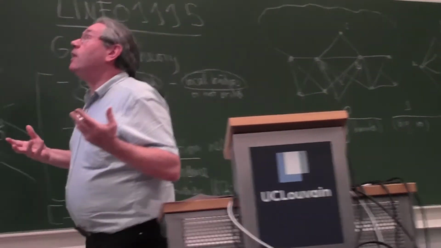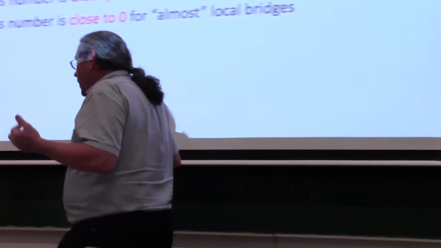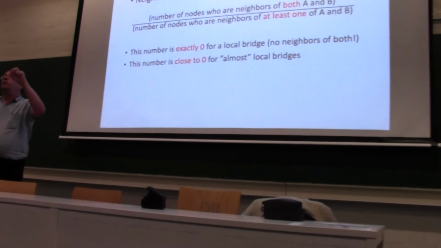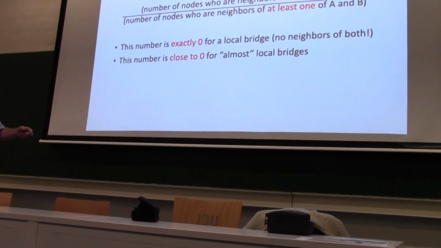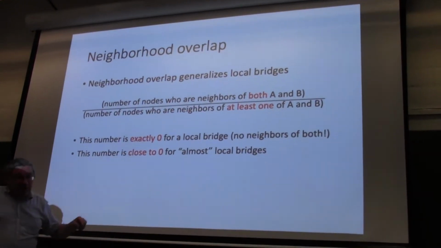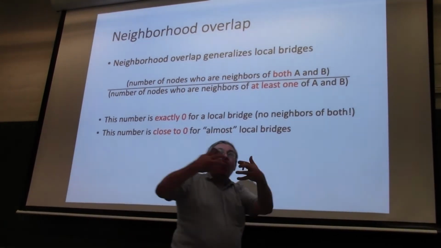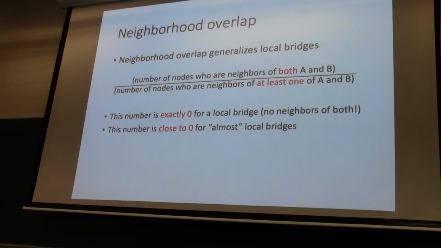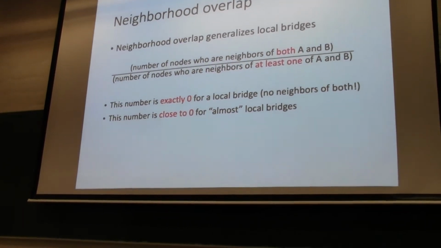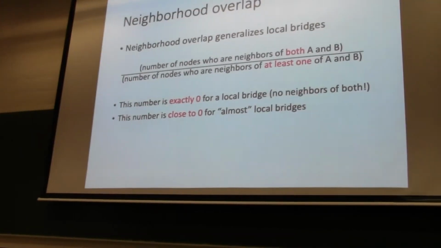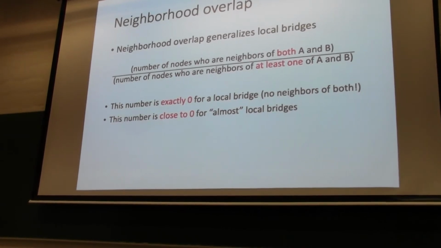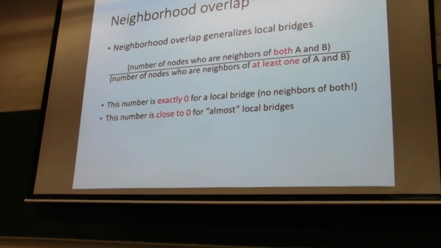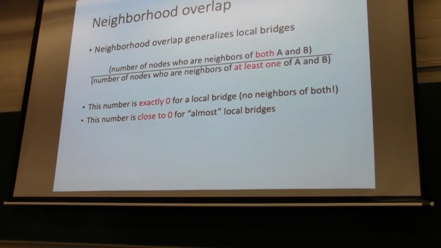So basically, the intuition is, every node has a neighborhood, which is all the friends. And if the neighborhoods of A and B are really overlapping, then it's not a local bridge. So neighborhood overlap is a good intuition for this. It's 0 for a local bridge.